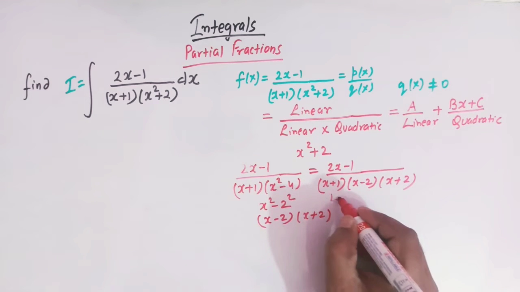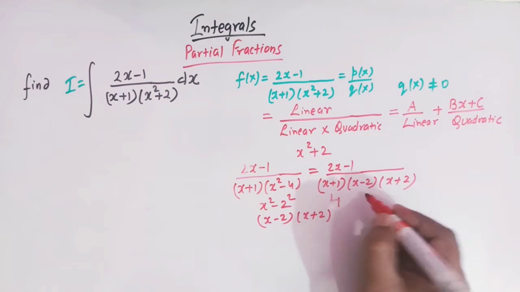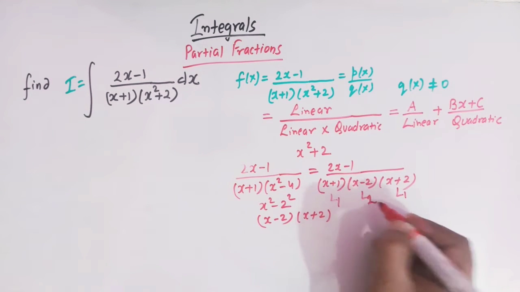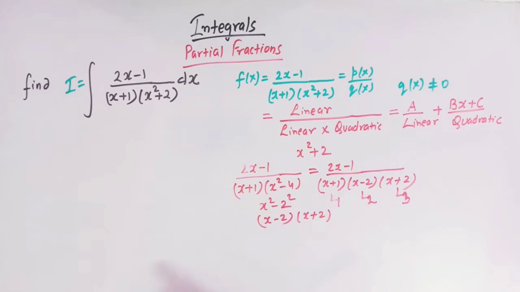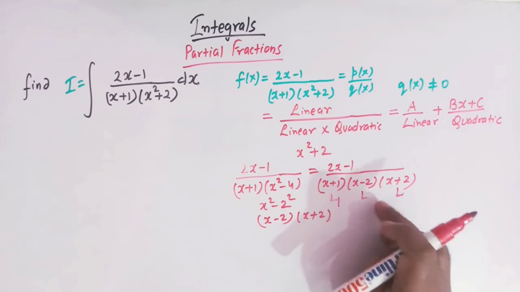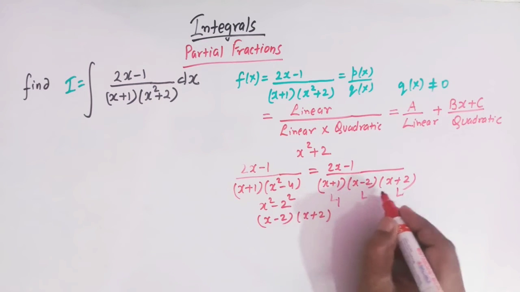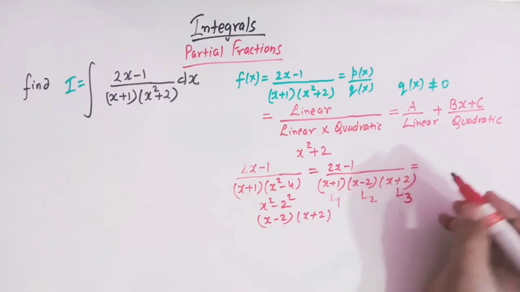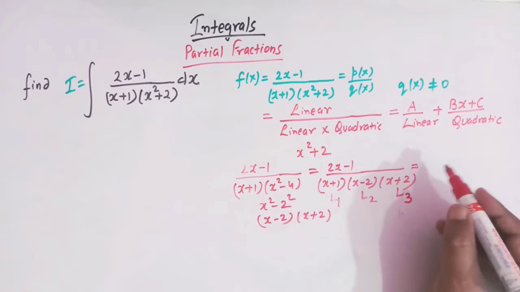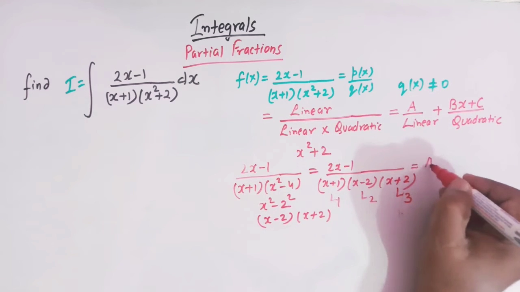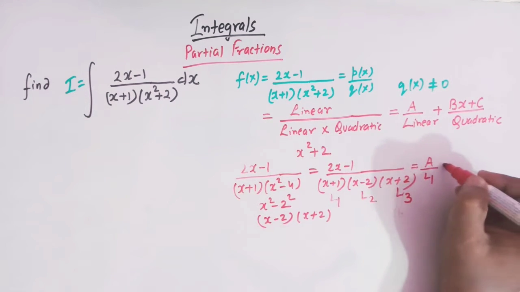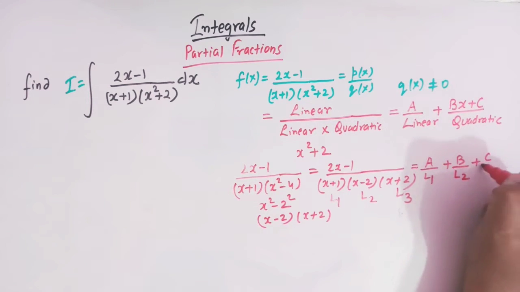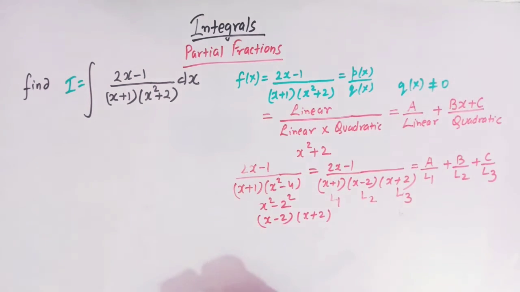If we denote the linear factors in the denominator by L1, L2 and L3, then this rational function can be resolved like this: A over L1 plus B over L2 plus C over L3.